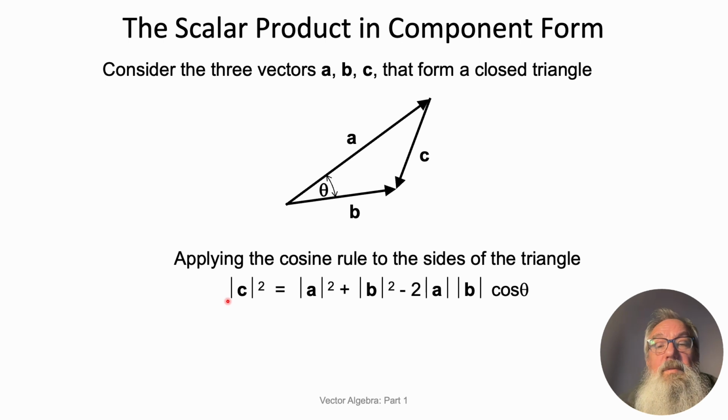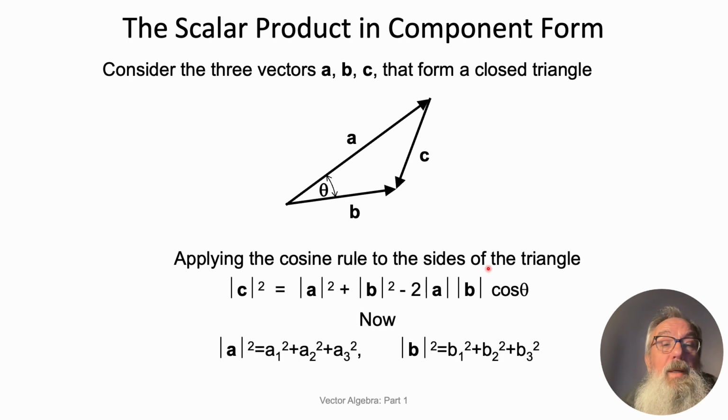Because the cosine rule is really working in terms of magnitudes, we can write the magnitude of C squared equals magnitude of A squared plus magnitude of B squared minus 2 times magnitude of A times magnitude of B cos theta.